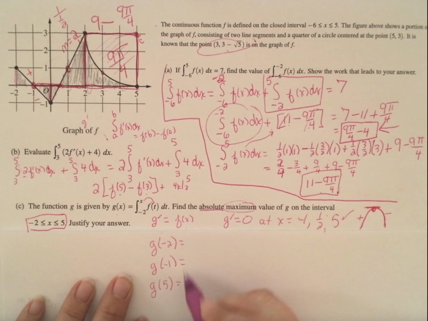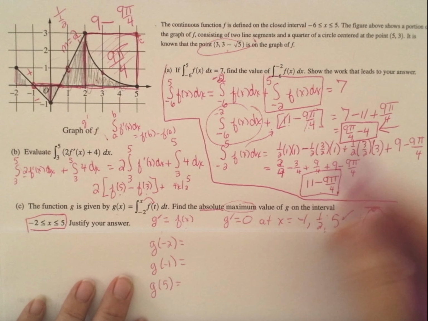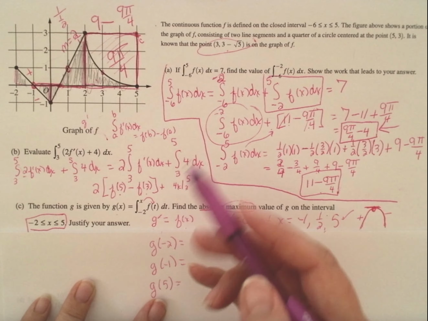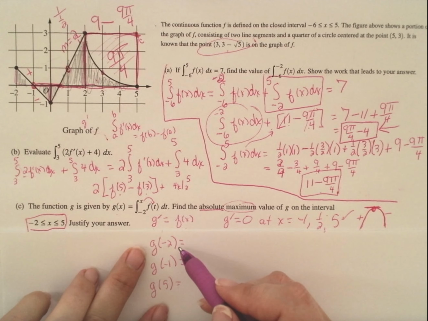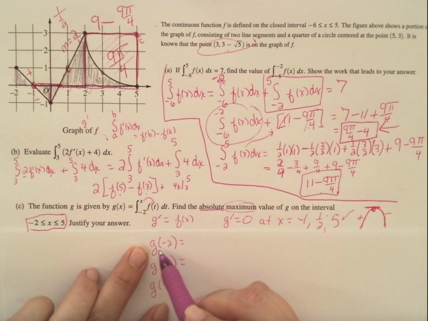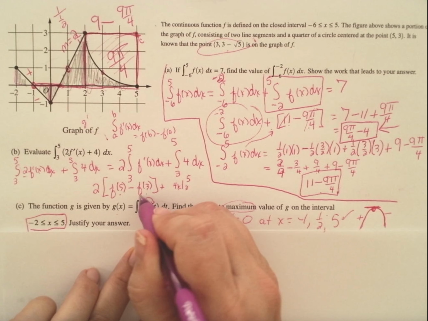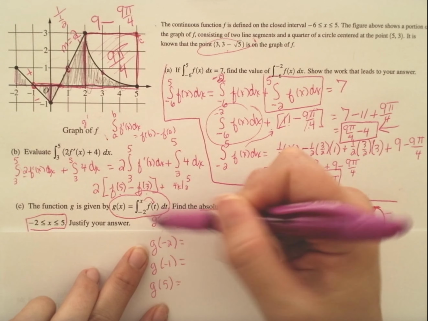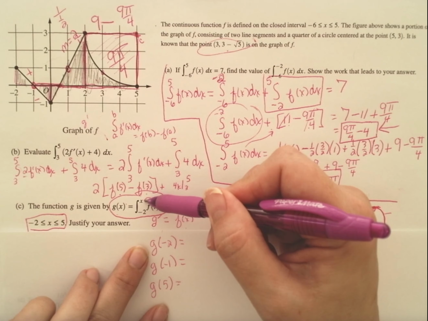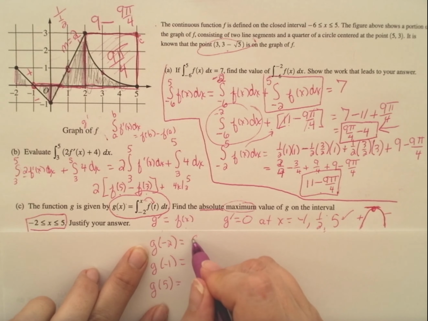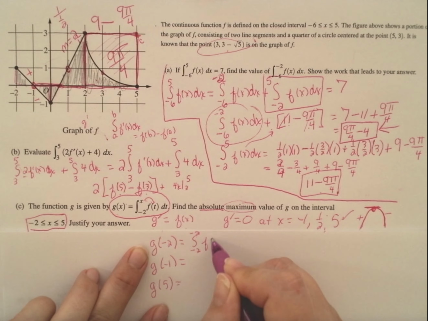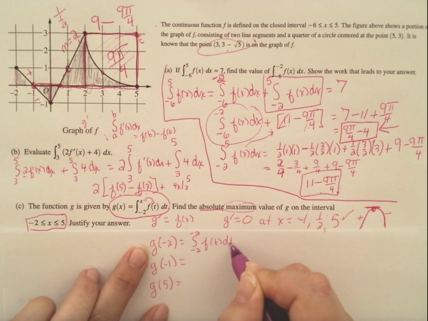All right, let's see what we know. Well, we know g of 5. Do we know g of 5 already? Yes. And we know g of -2 pretty easily. Let's go from the top. G of -2. Well, if g is the integral from -2 to x, g of -2 means plug -2 in right here for x. That'll be the integral from -2 to -2 of f of t dt. Well, that would be 0.